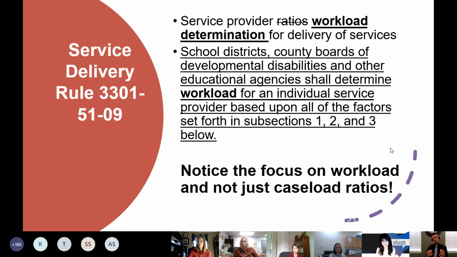But in looking at this, I think the most important thing is that there is language in the operating standards that speaks to making a workload determination, speaks to following a workload process, and speaks to the idea that it is for those special ed and related service providers, and that there are elements that should be considered, which is the subsection here.